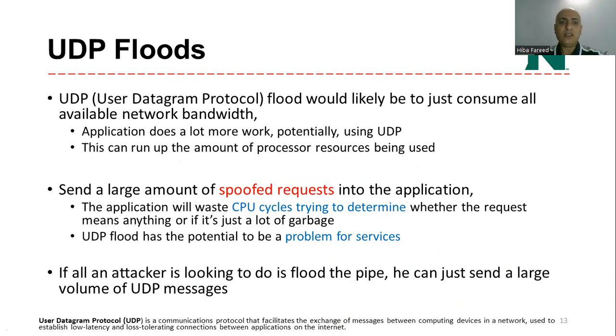Now, regarding the UDP flood, UDP stands for User Datagram Protocol. It works by flooding the pipe or the connection between the user and the server with a lot of requests, and keeping the server busy as much as they can. How does it happen? It comes by sending a large amount of spoofed requests, which are fake requests, not real requests. These requests do not necessarily come from different IPs.